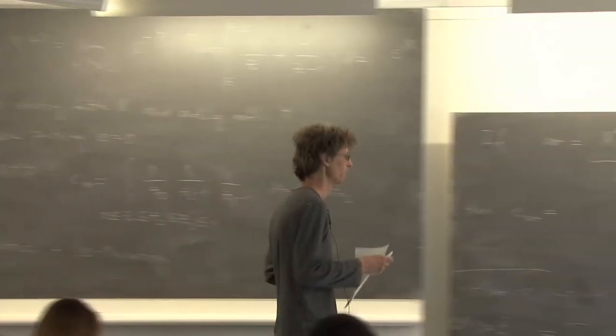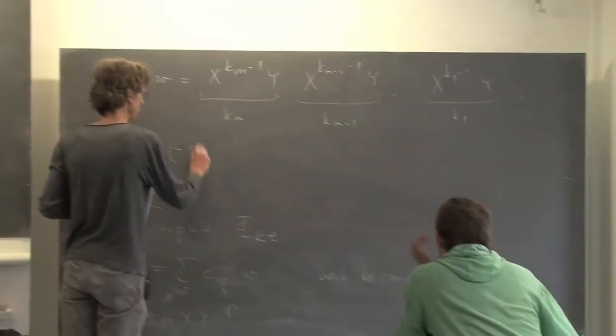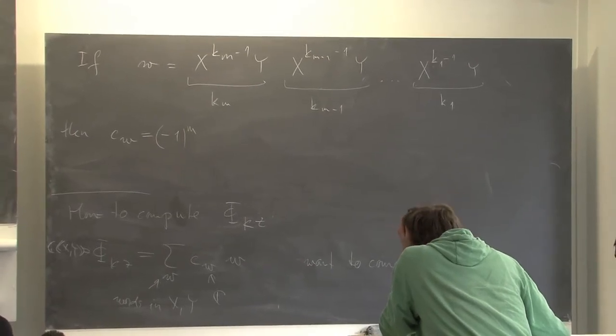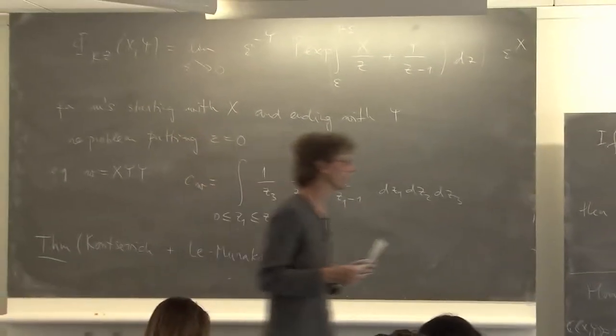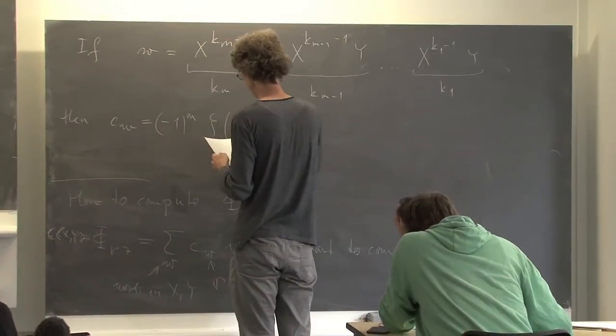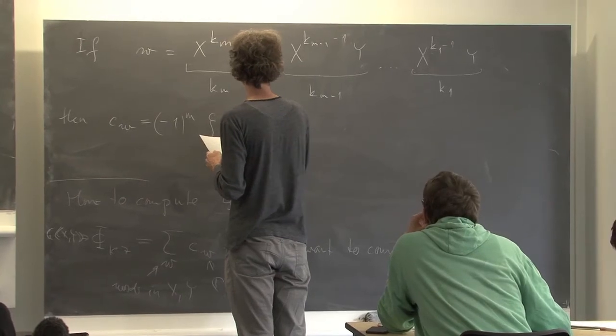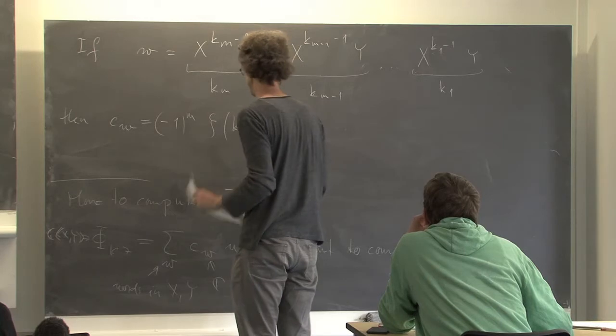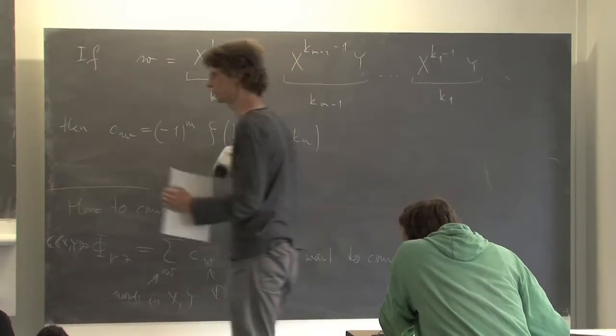So there is (-1)^m. That's to be expected, just the sign of the thing. And then there is a zeta(k1, k2, ..., km), where this is what is called a multi-zeta value.